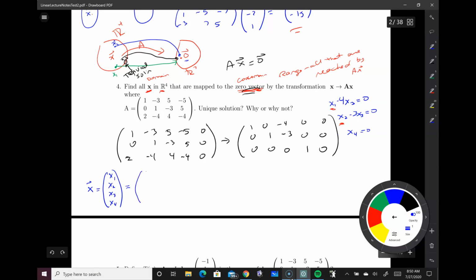So x sub 1 is equal to 4x sub 3. x sub 2 is equal to 3x sub 3. x sub 3 is equal to itself, and x sub 4 is equal to 0. So factor out the x sub 3, and I get 4, 3, 1, 0. So this is not a unique solution. There are infinitely many, since a free variable exists.